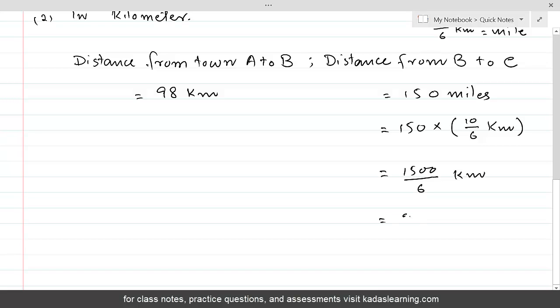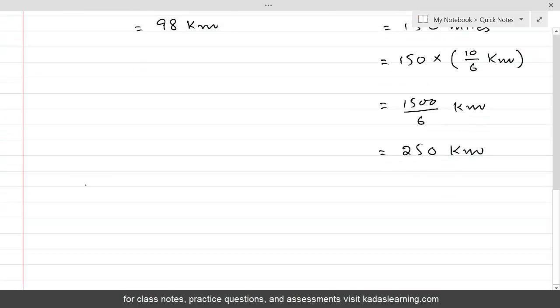This is equal to 250 kilometers. So the total distance is equal to 98, that was from town A to B, plus 250 kilometers, that was from town B to C. Therefore the sum would be equal to 348 kilometers.